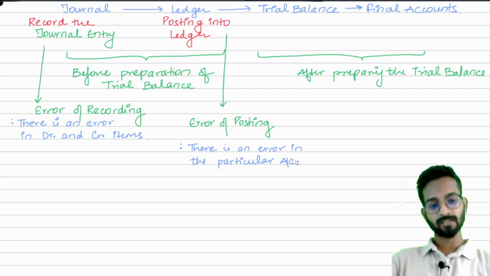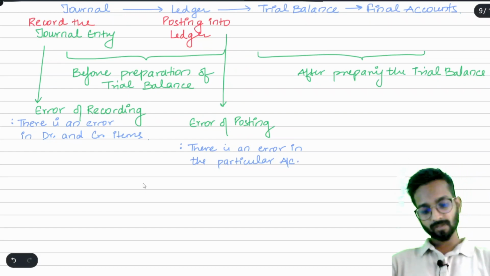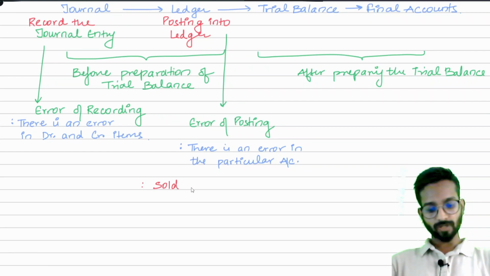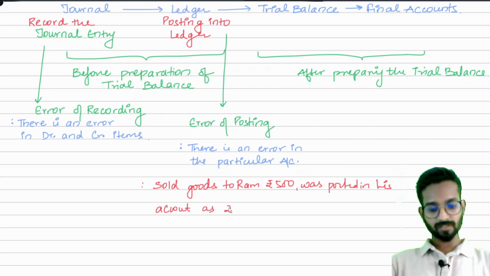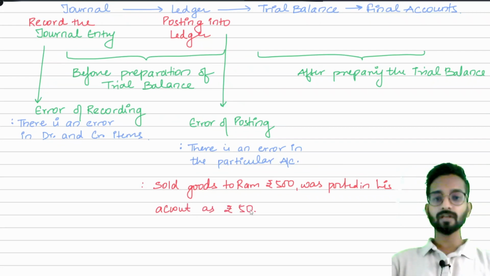How? Understand this. Suppose I tell you that goods sold to Ram, rupees 500, was posted in his account as rupees 50. What does it mean?